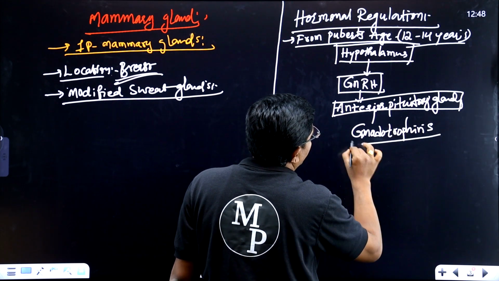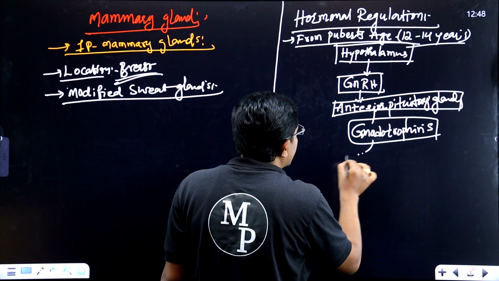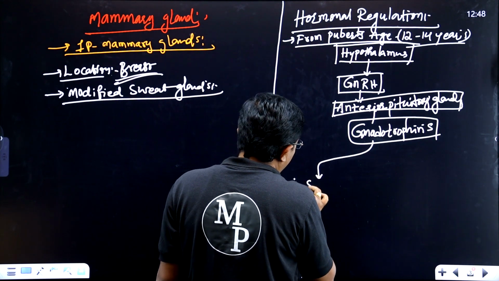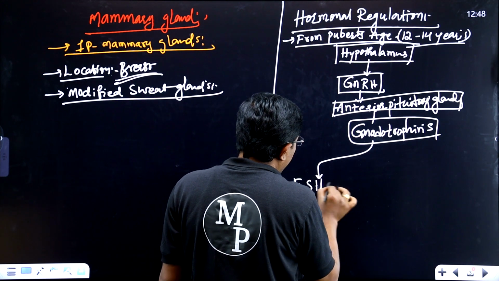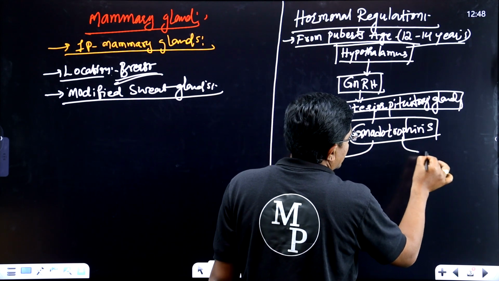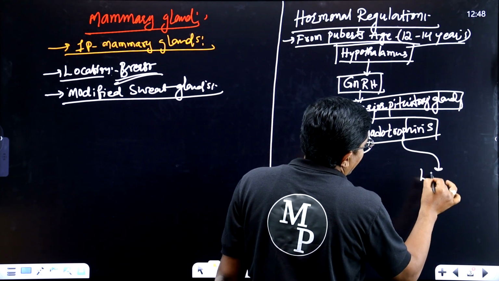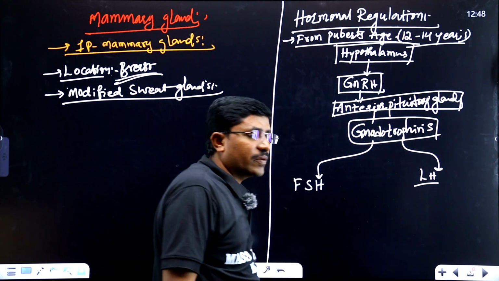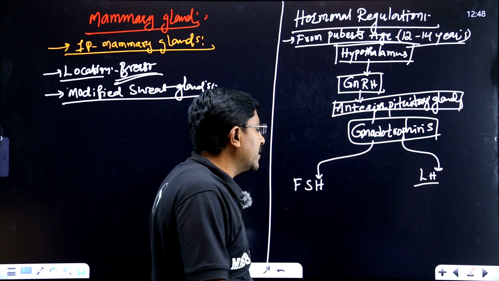These are the released gonadotrophins. One is FSH, follicle stimulating hormone, and the second one is LH, luteinizing hormone. These two hormones are released.